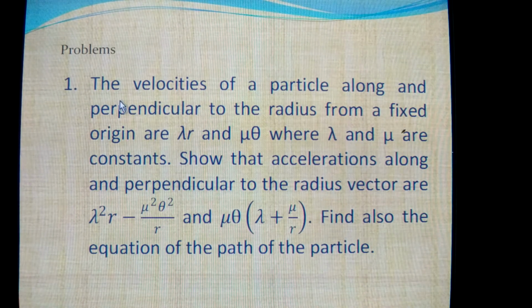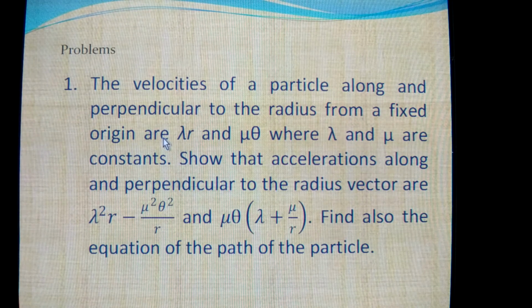Now in this case, what is given? The velocities of a particle along and perpendicular to the radius from a fixed origin means that radial velocity and transverse velocity are given. Radial velocity is lambda r and transverse velocity is mu theta.